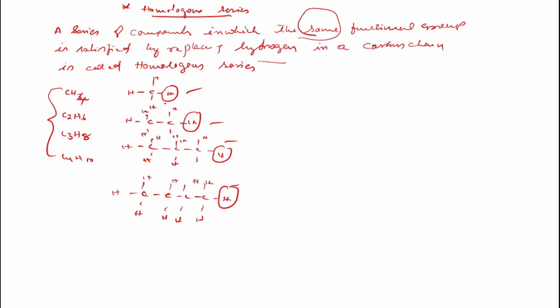That means these hydrogen atoms are replaced by, suppose I am telling OH. Their chemical properties are same. That's why they are called a homologous series. This is very important point. They may ask in the examination. Okay.